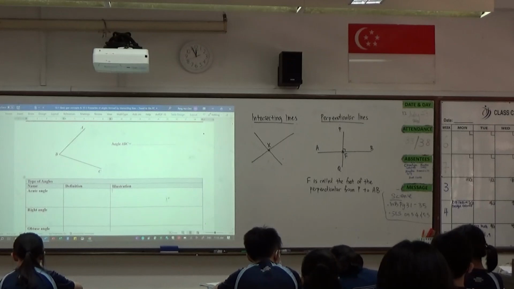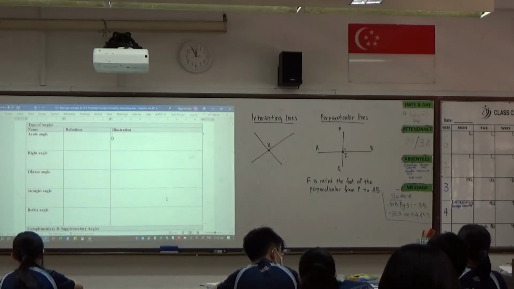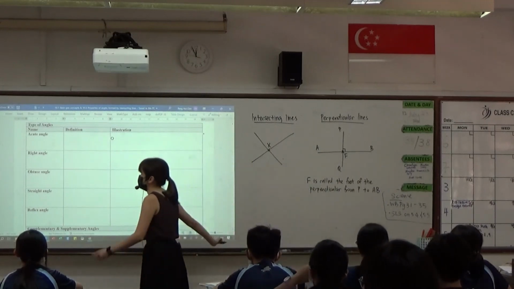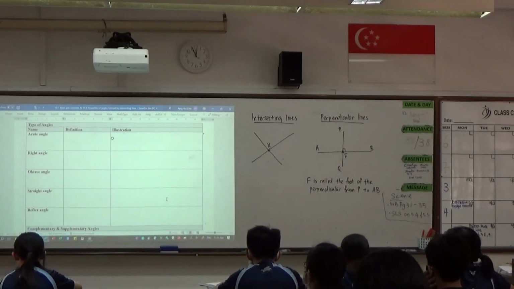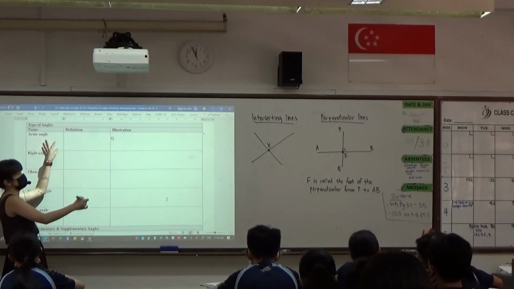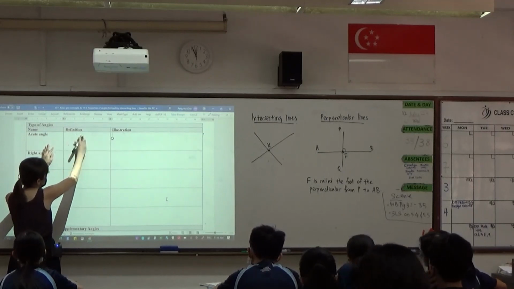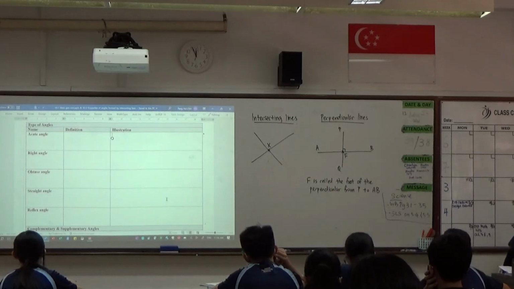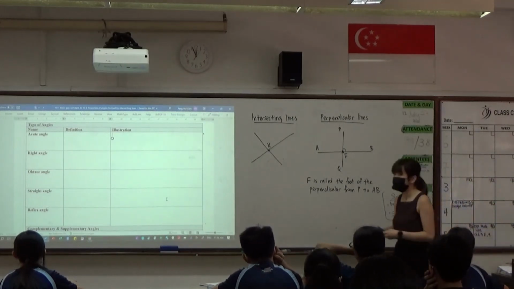Now we take a look at this. There are different types of angles and we need to be familiar with their names. Acute angle: how do you remember the definition of an acute angle? They are angles between 0 degrees to 90 degrees. So is 89.999 acute?